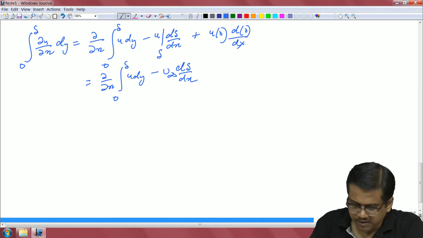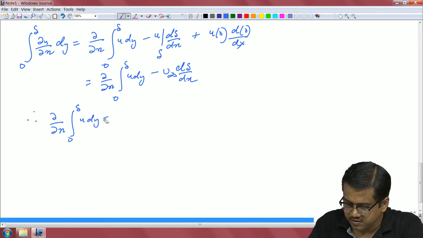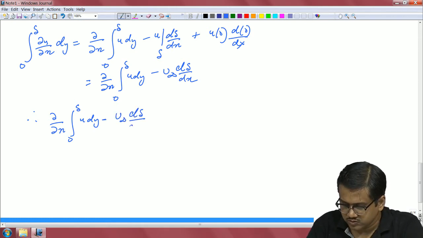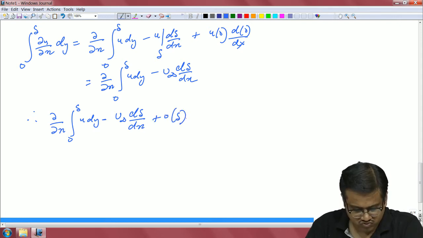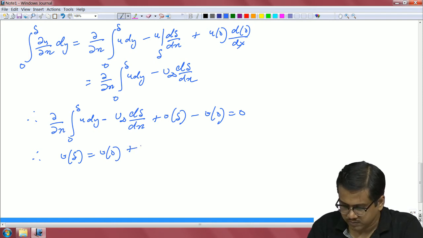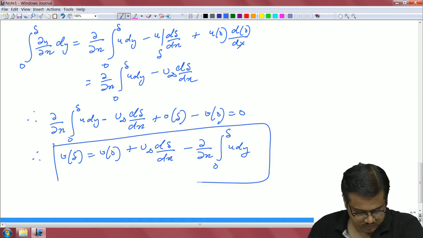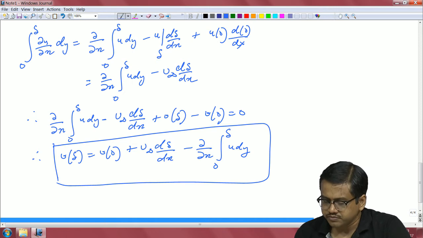So, therefore, now combining the full continuity equation, that is the full form that you get.